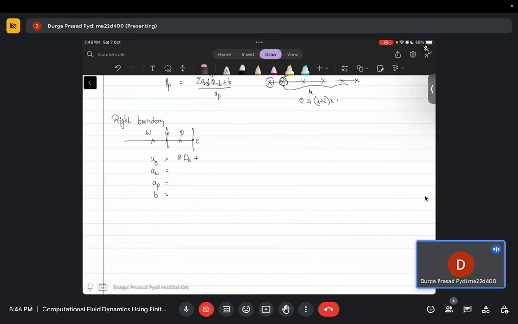I'll write it in the standard way: max of 0 comma minus Fe. Since it is positive, we will not have any terms, and A west is again D west plus max of 0 comma FW.